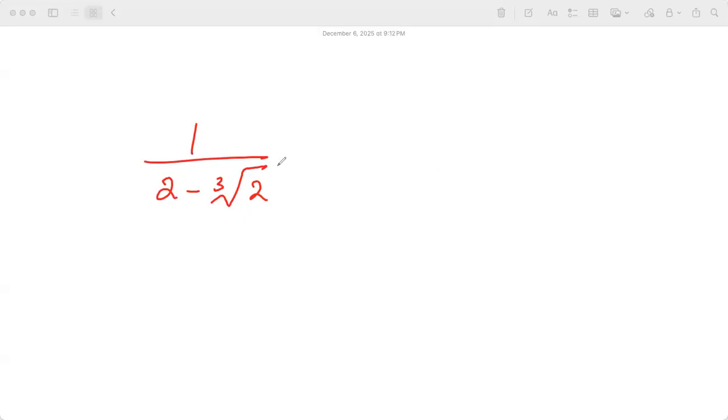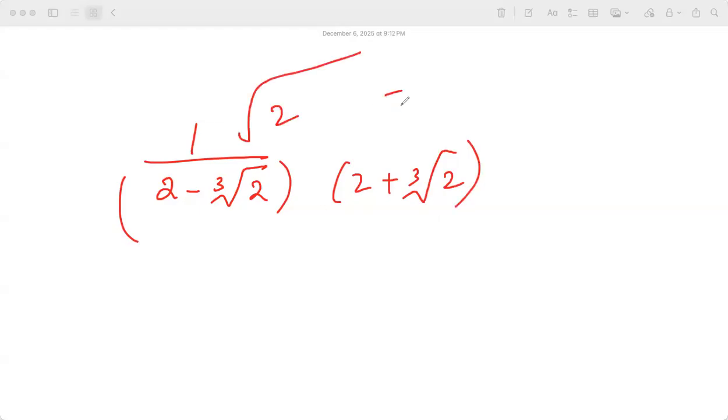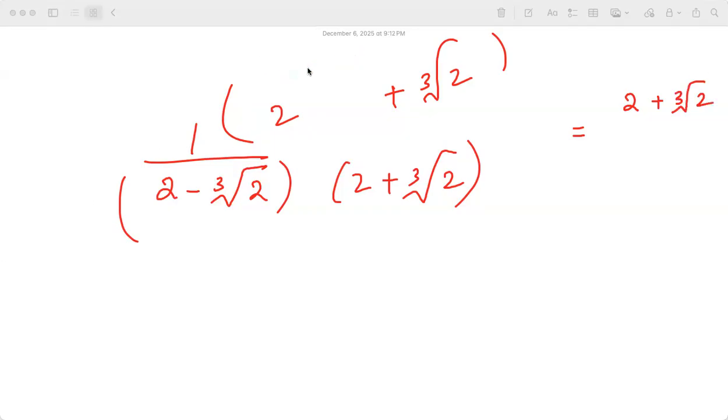And so this will be 2 plus cube root of 2. So what happens here? Again 2 plus cube root of 2. When you do that, your numerator becomes 2 plus cube root of 2, divided by a squared minus b squared. Do you see it, guys?